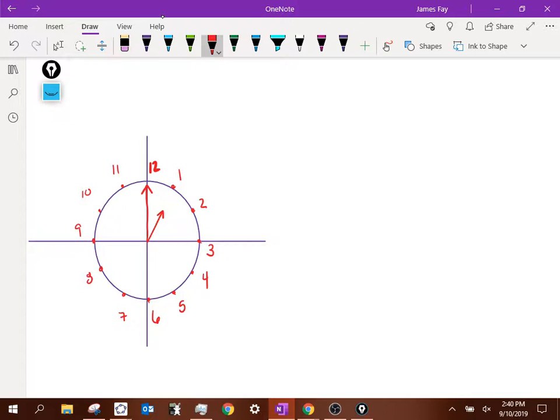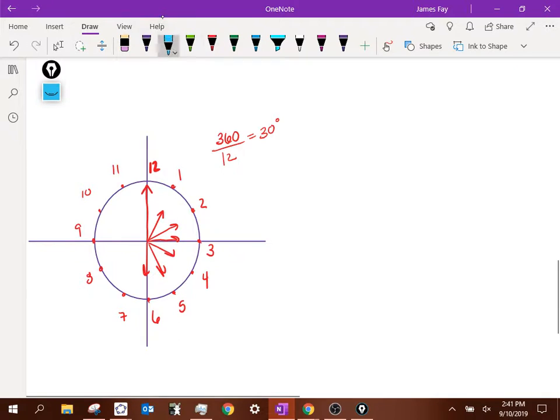If I just draw the different places my hour or minute hand could be all the way through, I would draw 12 different rays going to those numbers, right? How many degrees are there in a circle? 360, right? I'm going to break that up into 12 equal increments. So that's where I get my 30 degrees.